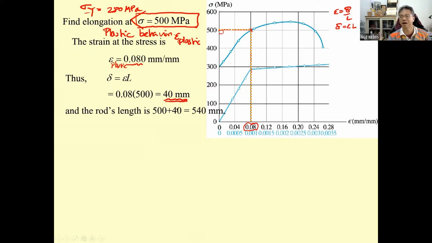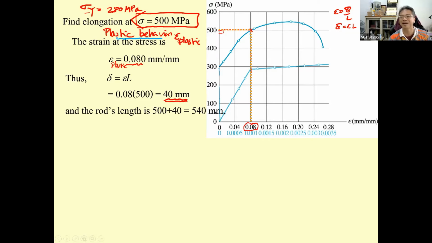So the original length is 500 millimeter. By applying 500 megapascal stress, the new length is going to be 540 millimeter. Now, since the behavior is plastic, when you release it, the return follows the first linear elastic part of the curve.